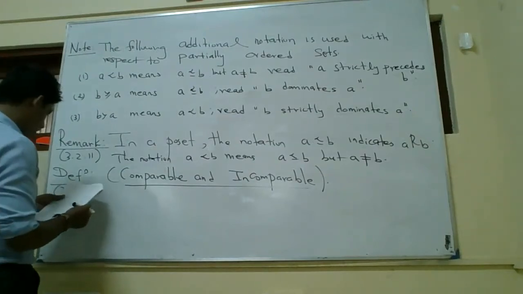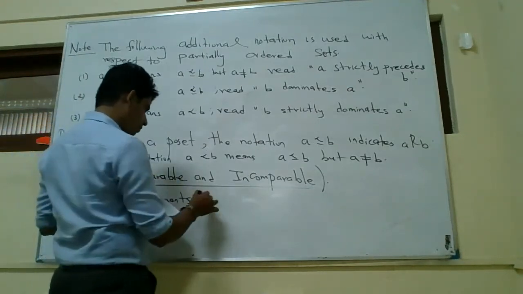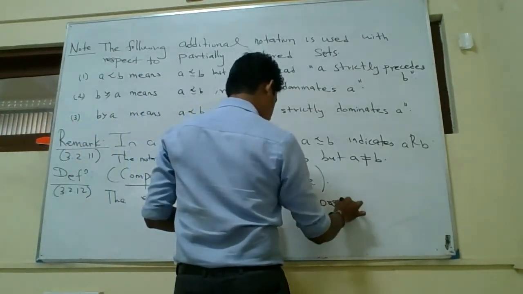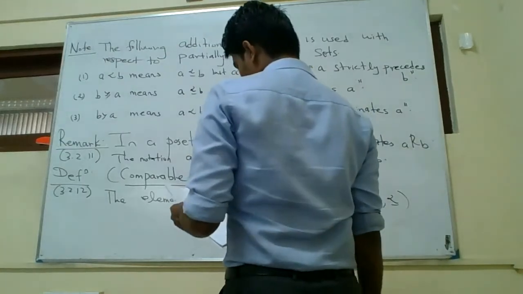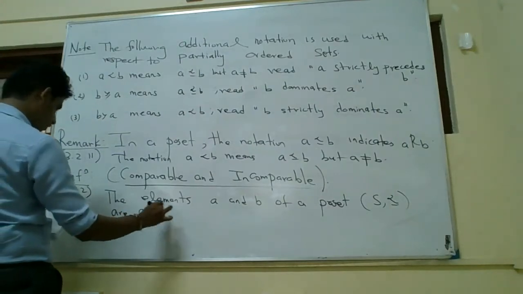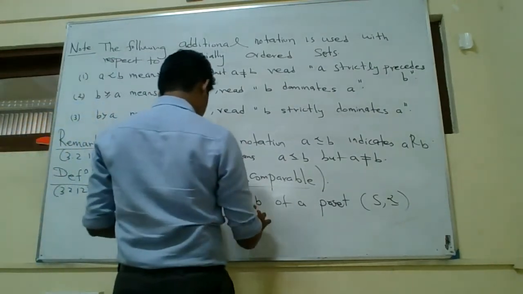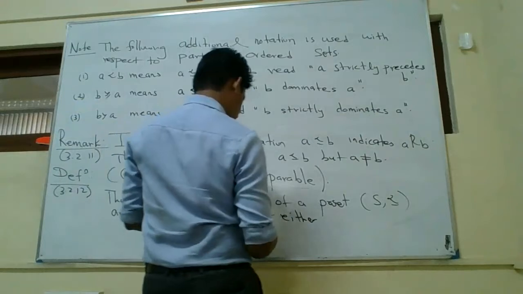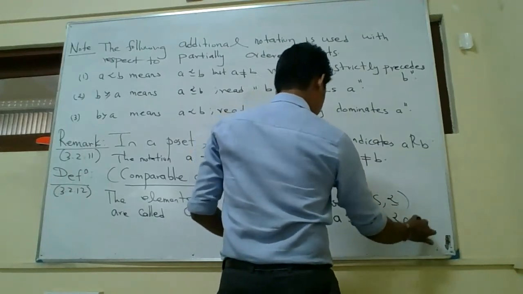Let's revise comparable and incomparable. The elements A and B of a poset (S, precedes) are called comparable if either A precedes B or B precedes A. Either one is possible.